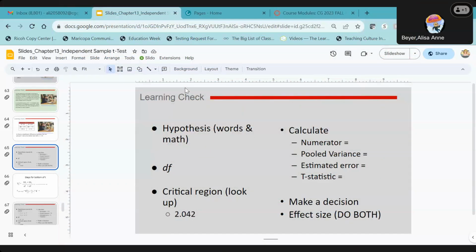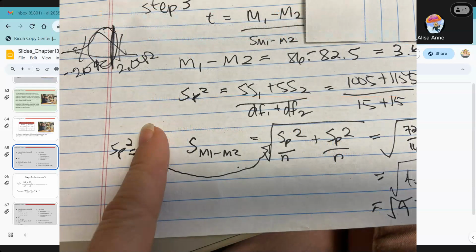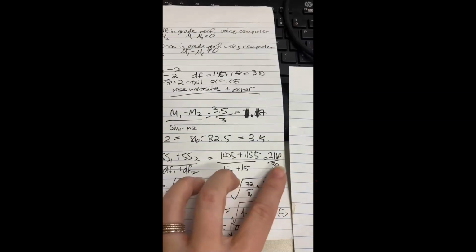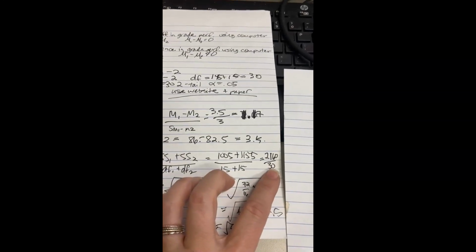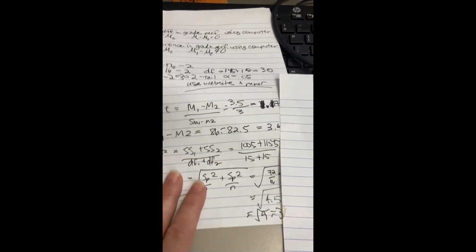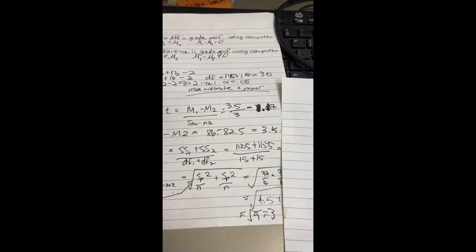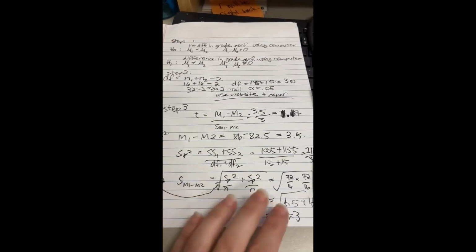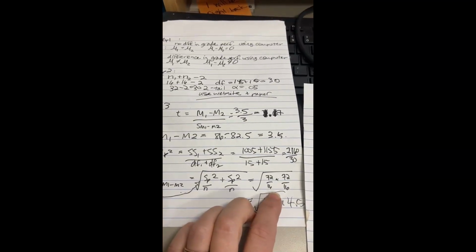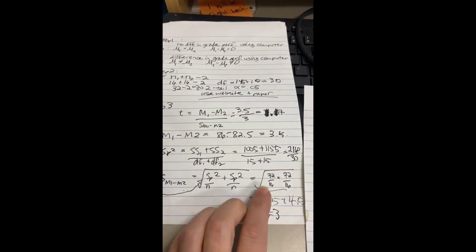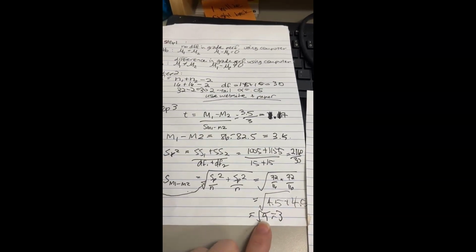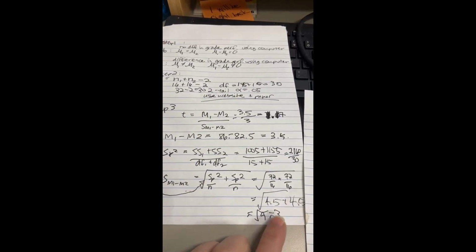Recalling the pooled variance, we get 2160 over 30, and that's our pooled variance, which goes into the estimated standard error. When we get the pooled variance, we get 72. So we've got 72 over 16 plus 72 over 16, and then take the square root of that. You get 4.5 plus 4.5, which is the square root of 9, which is 3. So 3 is the bottom of our t.